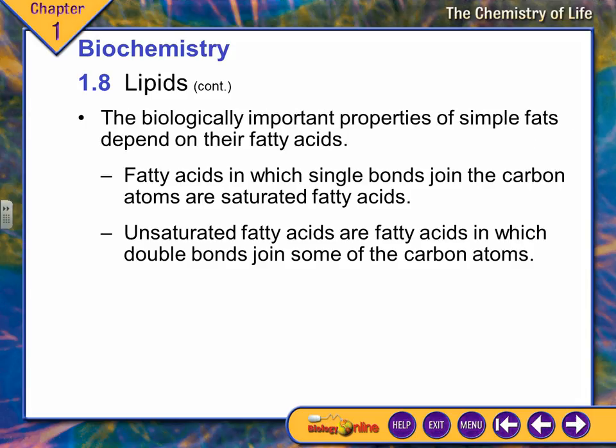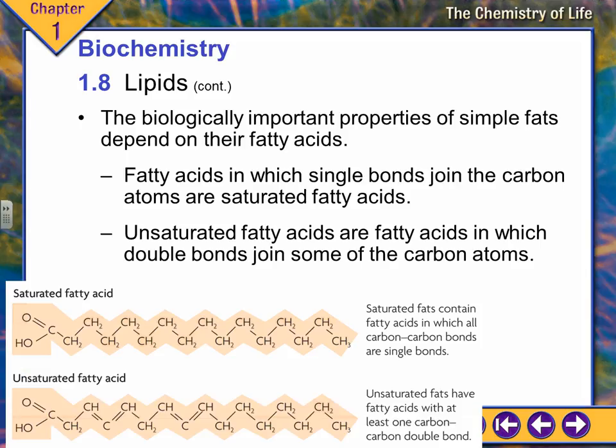Okay, I want to get to the difference between unsaturated and saturated. You can see on the bottom of the slide there, you have something different than on the top. Here is saturated. What is different from this fatty acid chain and this fatty acid chain? There are double bonds.